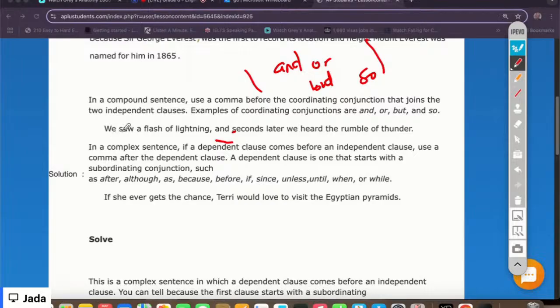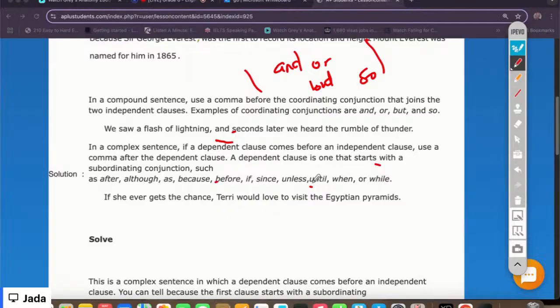Okay, and then in a complex sentence, if a dependent clause comes before an independent clause, use a comma after the dependent clause. Okay, a dependent clause is one that starts with a subordinating conjunction, such as after, although, as, because, before, if, since, unless, until, when, or while.